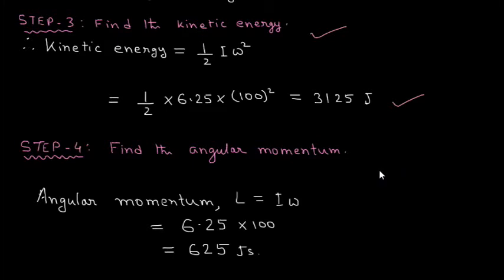Step 4 is to find angular momentum. Angular momentum L is equal to I omega. Putting the values of I and omega, we get 625 joule second. So this is the solution. Let us move to the next question.